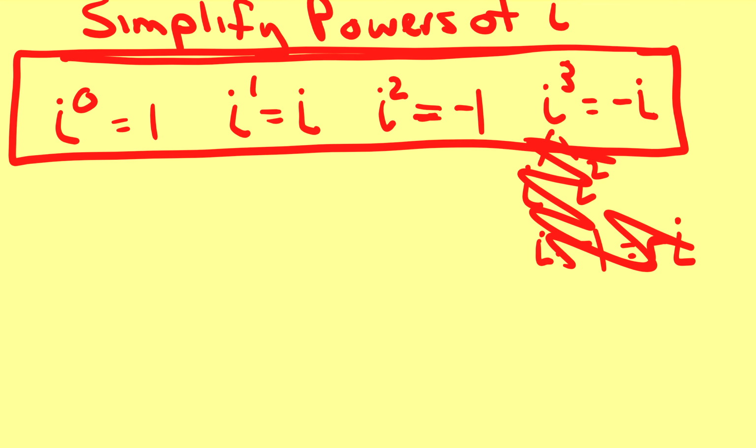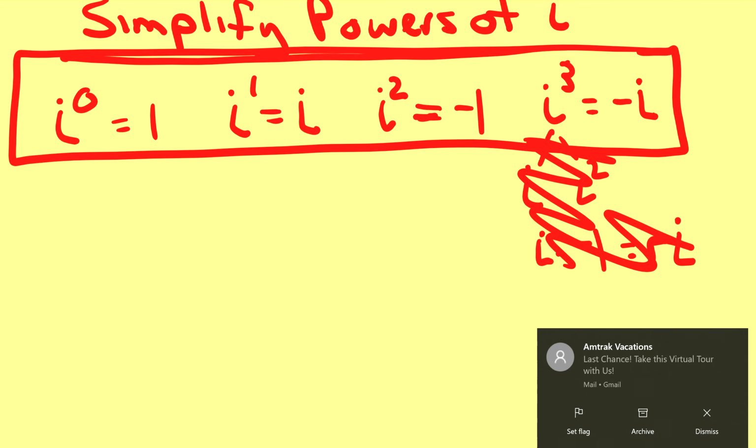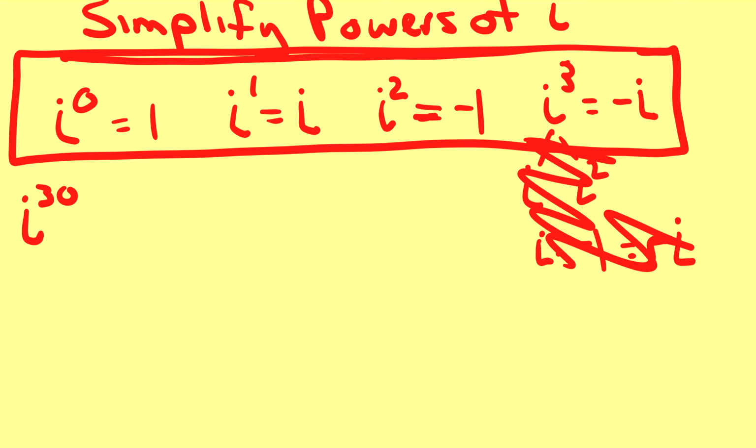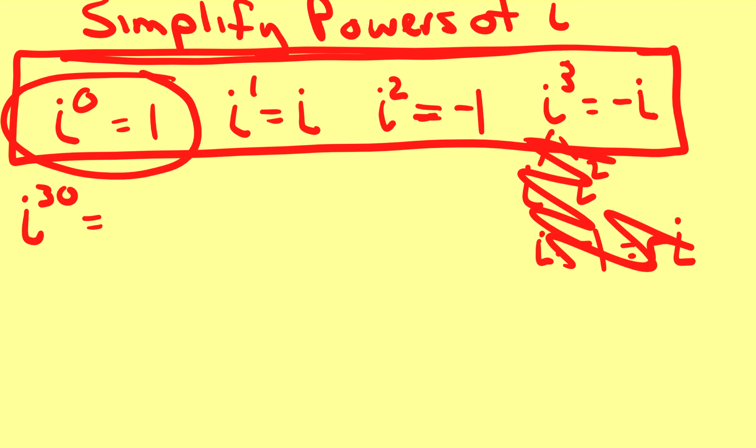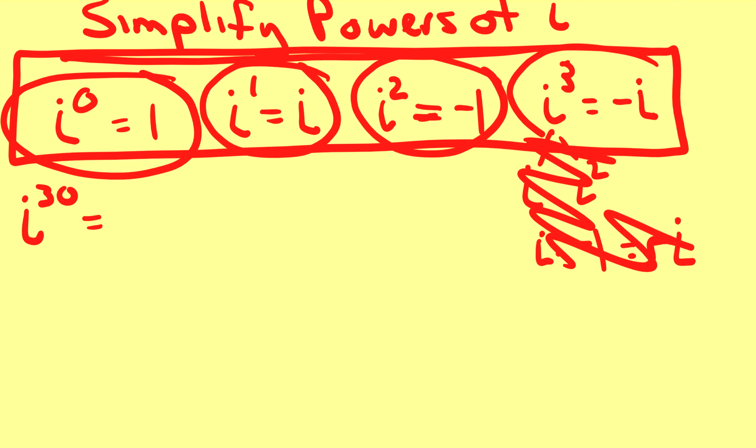Now I'm going to show you some ways of going about doing this. In our example 2, they have A, B, and C. So I've got i to the 30th power, and I have to simplify that. Here are my 4 components: i to the 0, i to the first, i to the second, i to the third.